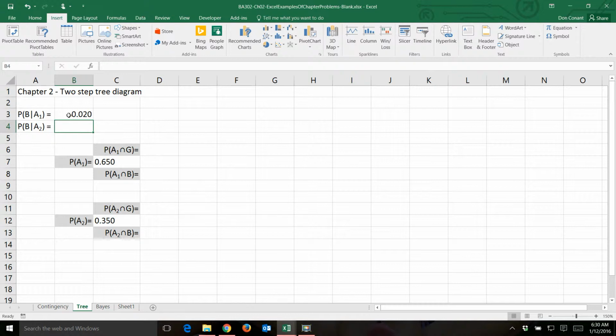The probability of receiving a bad part, given company A sub 2, is 5% or 0.05.